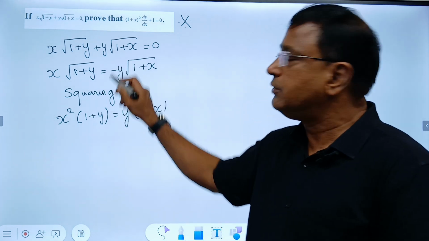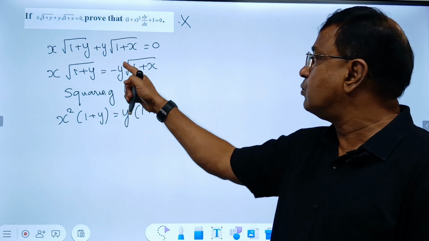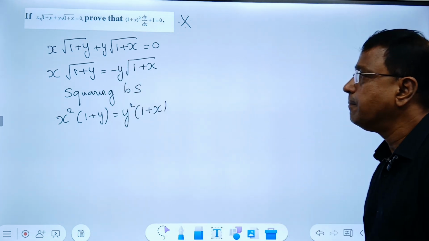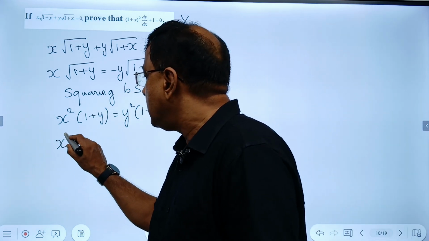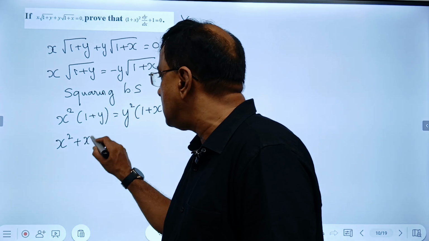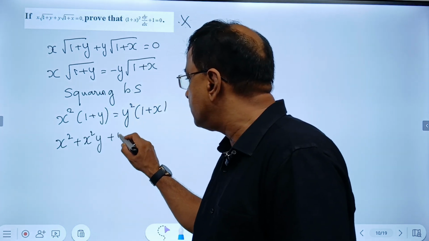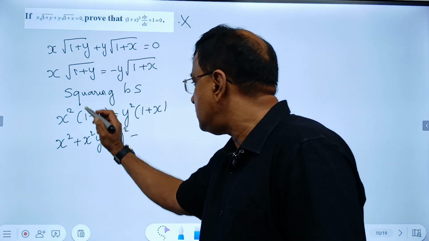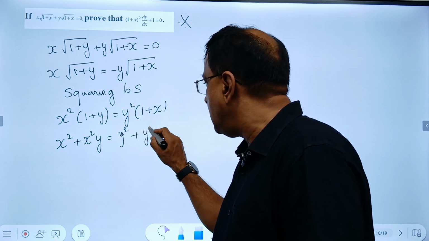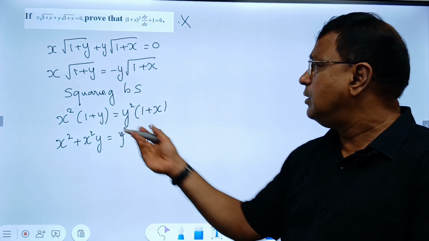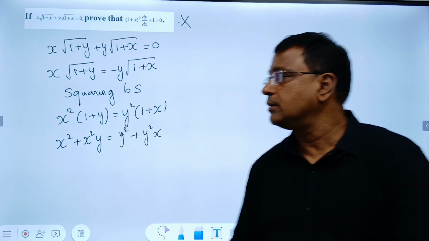So when I square, minus will become plus and the square roots will go. Clear? Now what I should do? Don't differentiate. Open the bracket. X square plus x square y equal to y square plus y square x. I just expand, I just open the bracket.